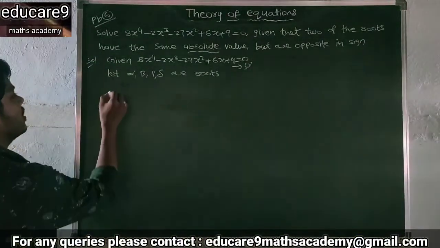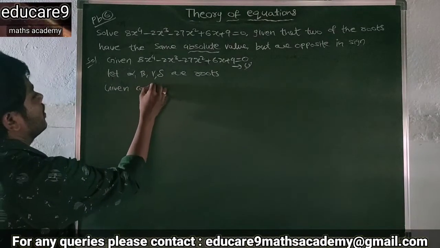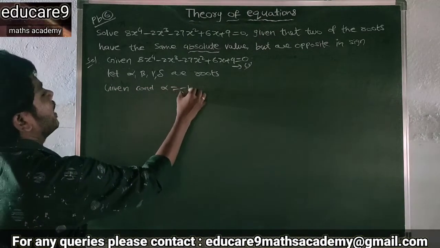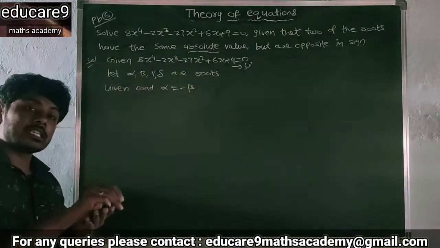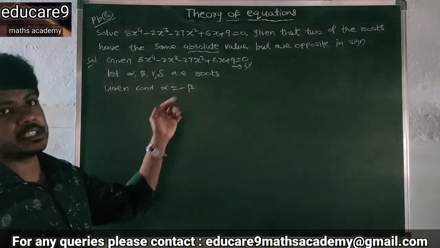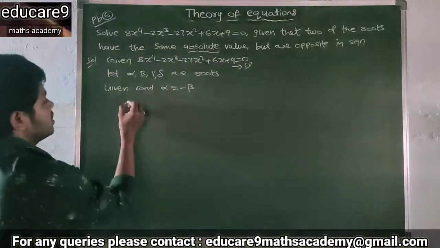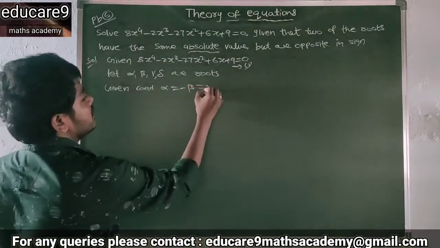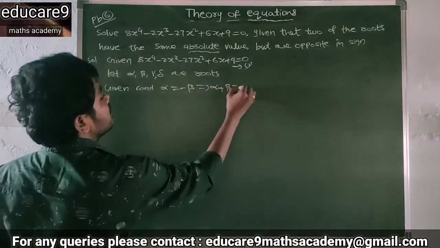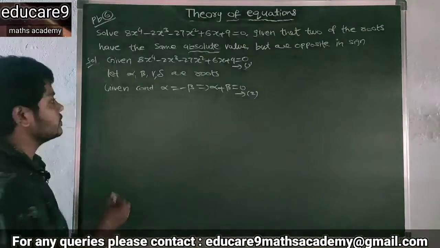So according to the given condition, alpha is equal to minus beta. So both roots have the same absolute value but are opposite in sign. Alpha is positive but beta is negative. See here. So therefore alpha plus beta is equal to 0. This is equation 2.